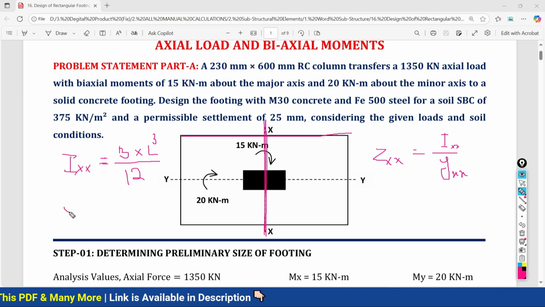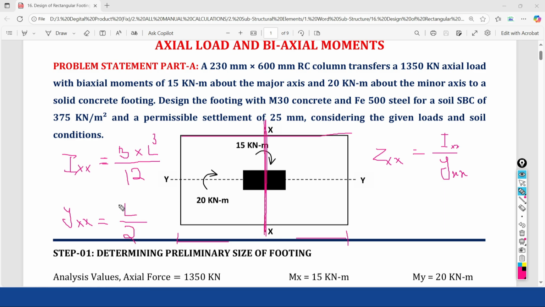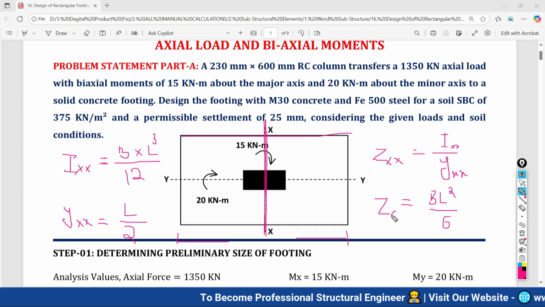As the axis is passing through the width, that's why it is width multiplied by length cube divided by 12, and yxx will equal half of this length, so this length divided by 2 from the center. If you put these two values here, what you will get? BL square by 6. This value you will get as the sectional modulus about the major axis.